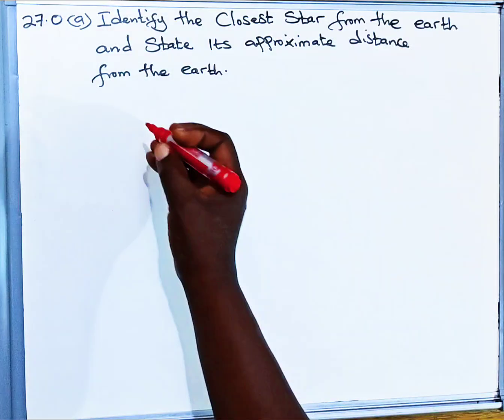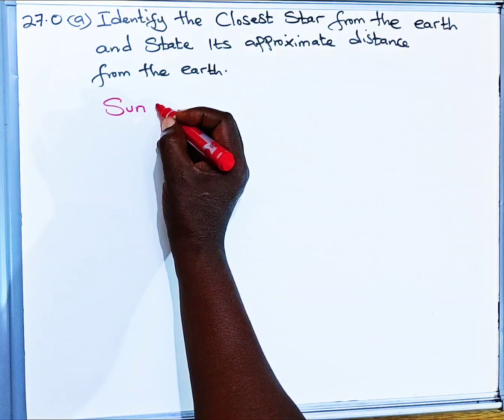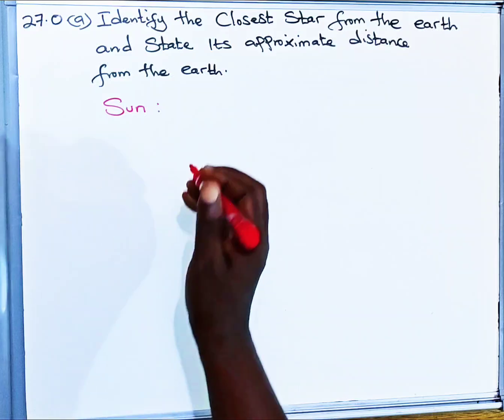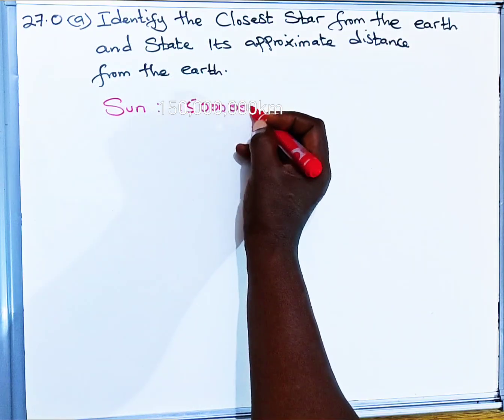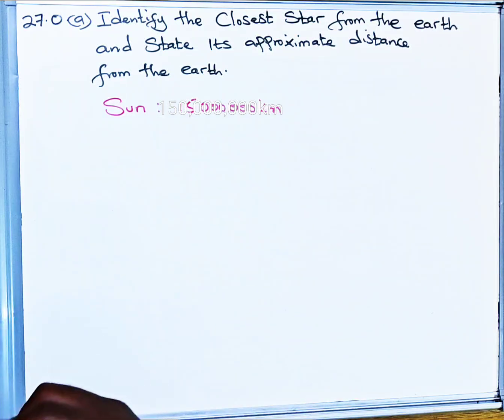The star is the Sun. The Sun is our closest star, and it is approximately 1,000,000 kilometers from the Earth. That's the distance of the Sun from us here.